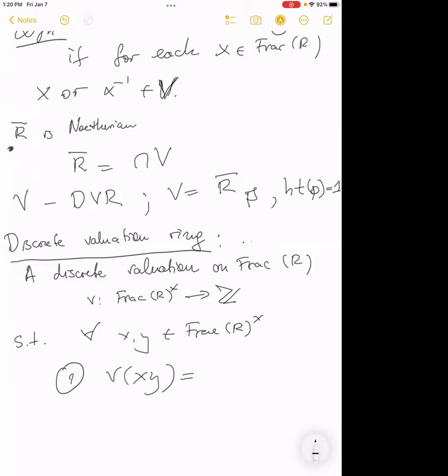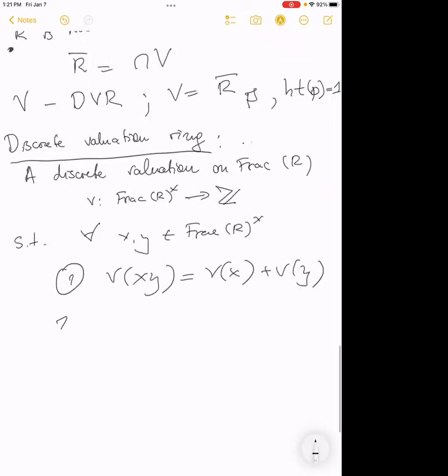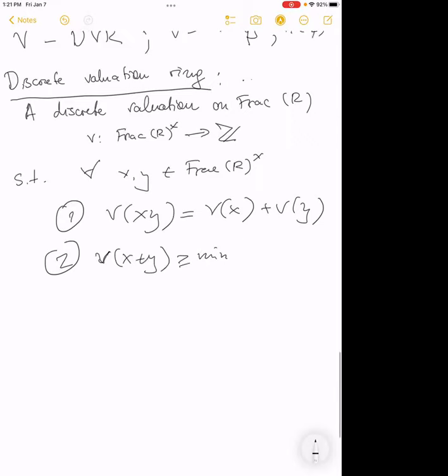The function of the product is equal to the sum, so v of xy is equal to v of x plus v of y. Second, we have the inequality: v of x plus y is at least the minimum of v of x, v of y. Here I assume x is different than minus y.